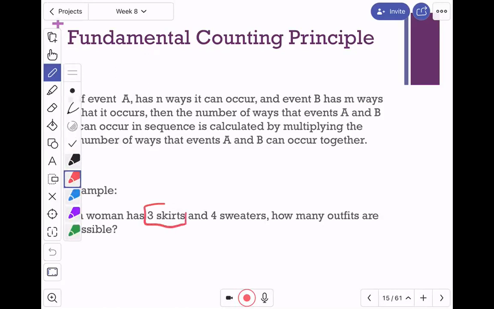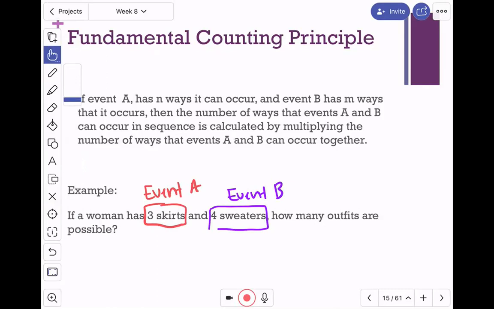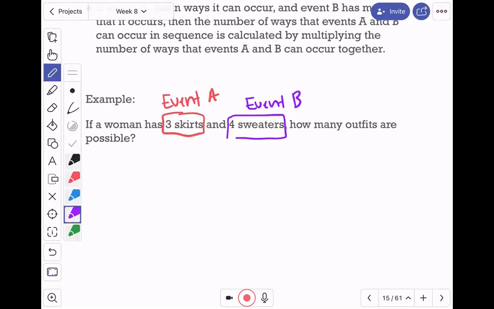Here is event A. Here is event B. There are 3 ways to wear a skirt, right? 4 sweaters, 3 times 4 is simply equal to 12. I'm going to show you what I mean by that. You have a woman.